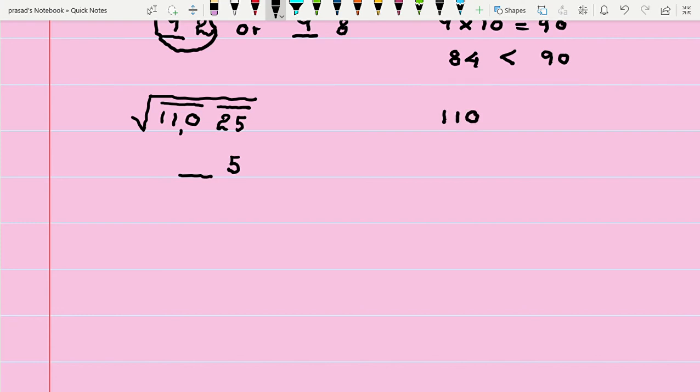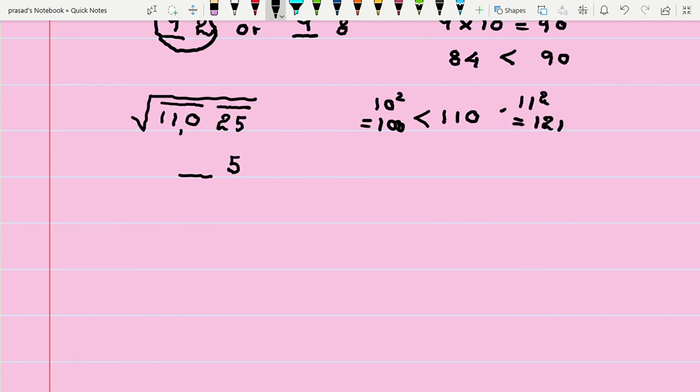Now 110 will come between which two perfect squares? On one side it is 10 square, that is 100. On the other side it is 11 square, that is 121.